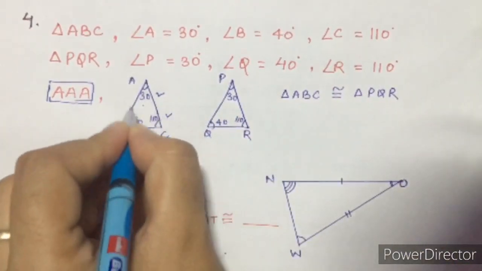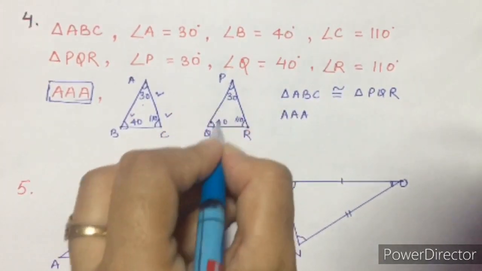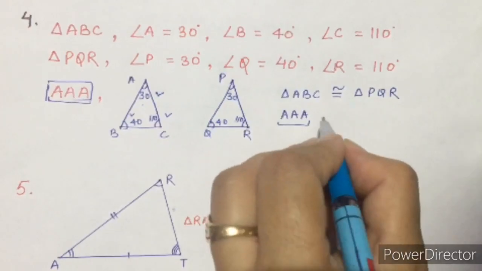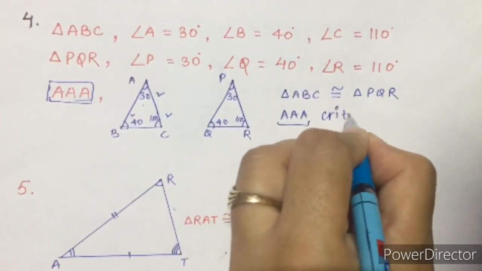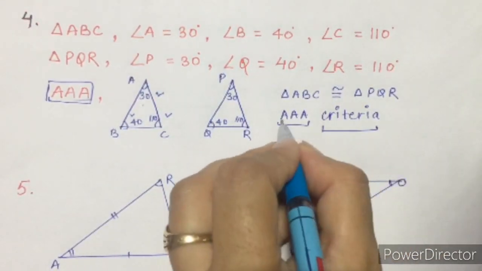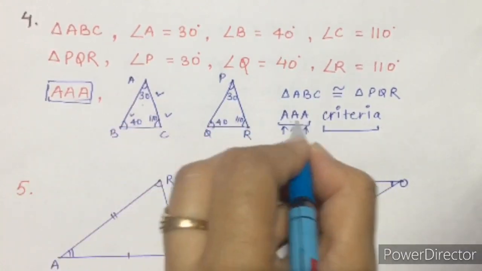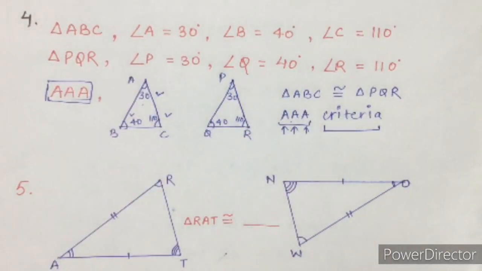Which criteria did the student use here? The student has used the AAA criteria, that means angle, angle, angle. All the angles are given, so we will take angle, angle, angle criteria. So we will write yes, the student is justified. Why or why not? Because all the angles of triangle ABC are equal to all the angles of triangle PQR. You will mention that here. Fine.